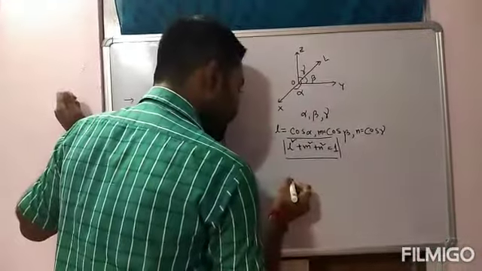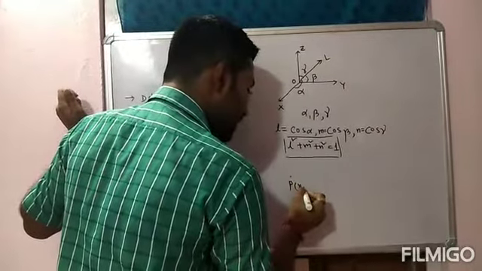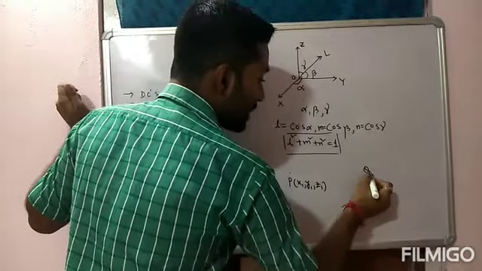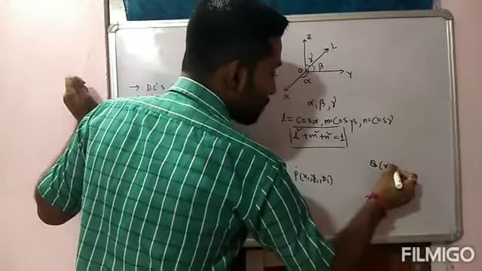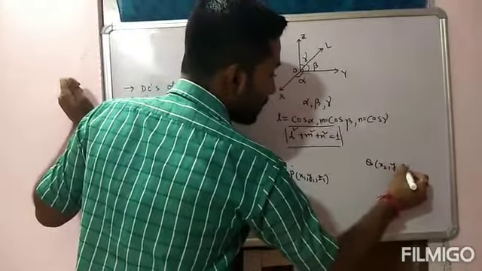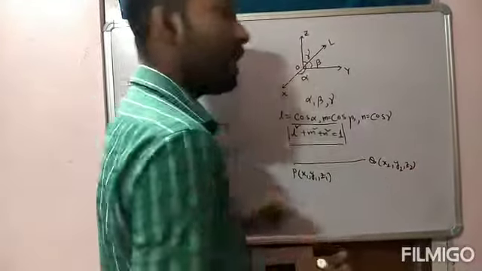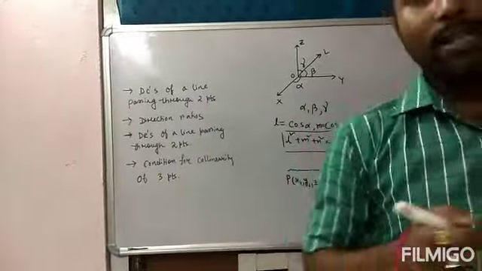Suppose P and Q, let us consider the coordinates of P be x1, y1, z1, whereas the coordinates of Q be x2, y2, z2. Then how can we find the direction cosines whenever 2 points are given?